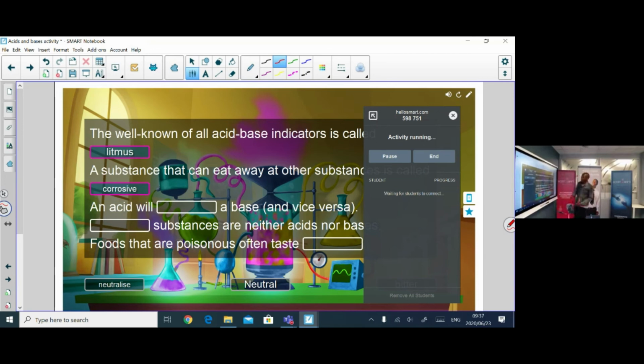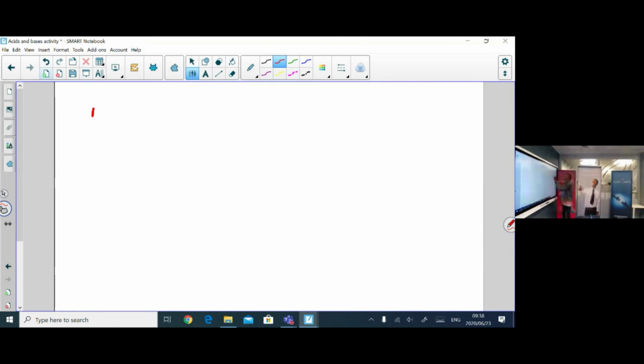So let's say we're reacting an acid, hydrochloric acid, a very strong acid, very corrosive, very dangerous, with a base, sodium hydroxide.